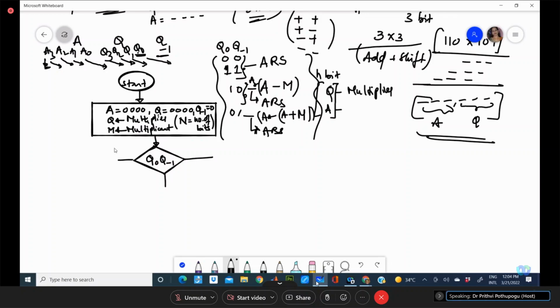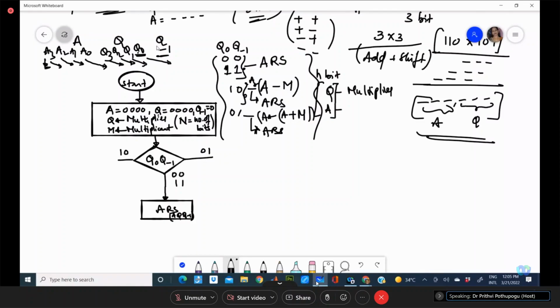Say the conditions are 1 0, 0 1, 0 0, 1 1. If this is 0 0 or 1 1, do the arithmetic right shift. Arithmetic right shift means A, Q, Q minus 1 altogether you need to shift.